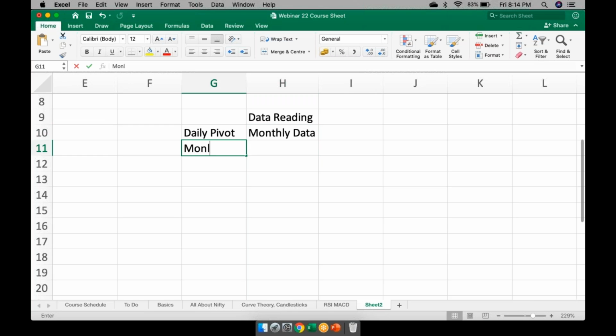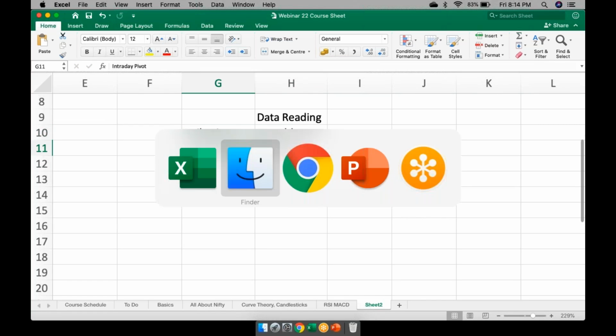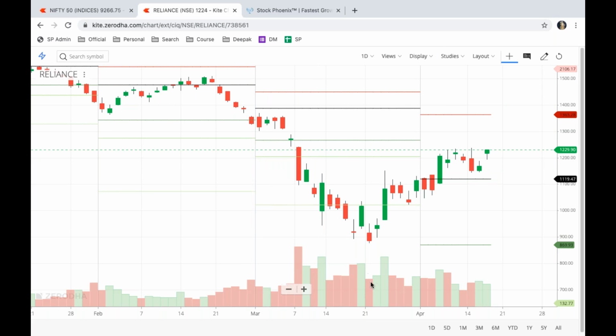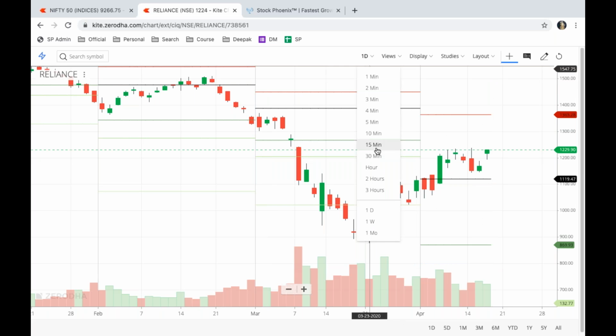And for a monthly pivot, I don't know about other data, forget about the other thing. If you change the chart to an intraday chart, just for an example, I am showing you a different time frame.